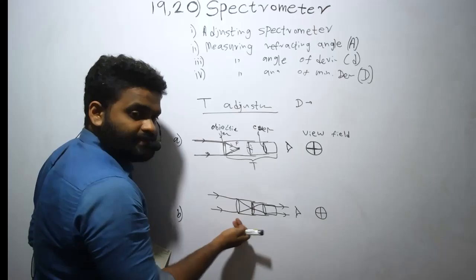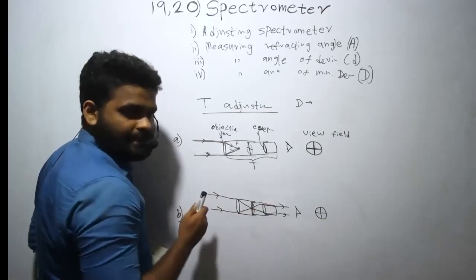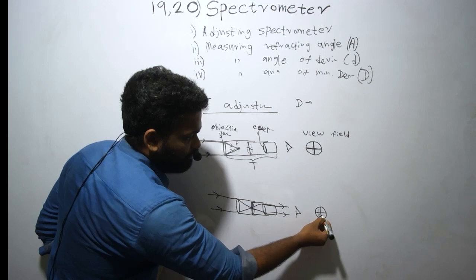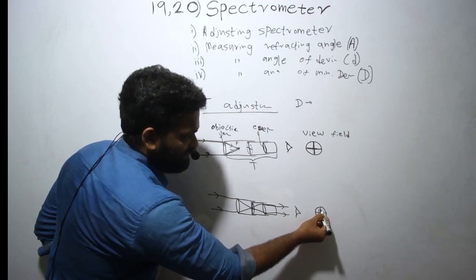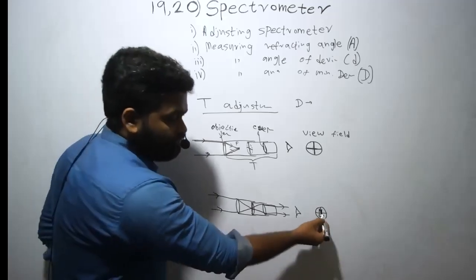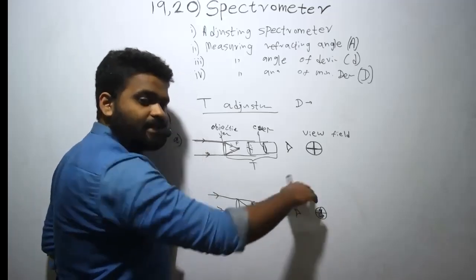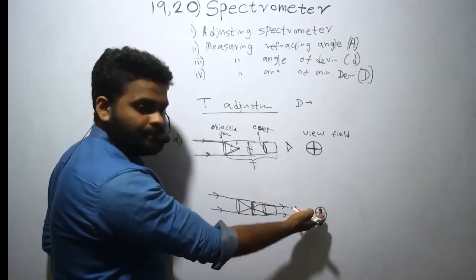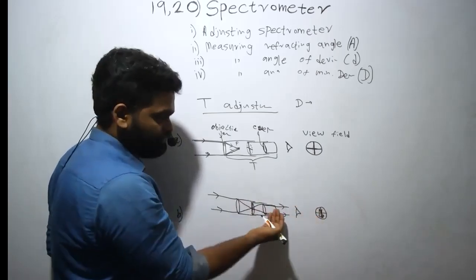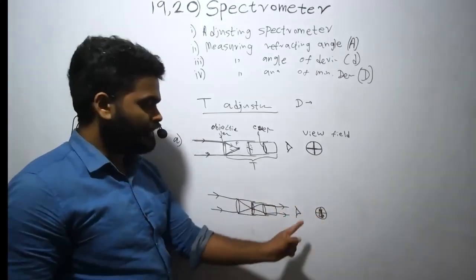After that, you do this adjustment till you see a clear image of, let's say, a distant tree. It can be any object. So in the view field, you see an inverted image of the tree, right? You know that real images are inverted through a telescope.